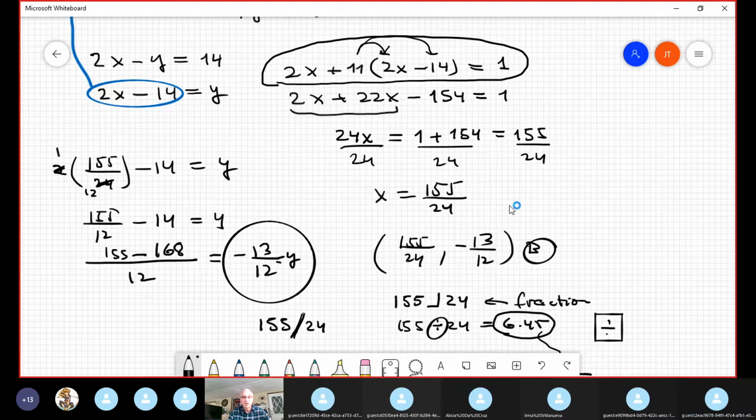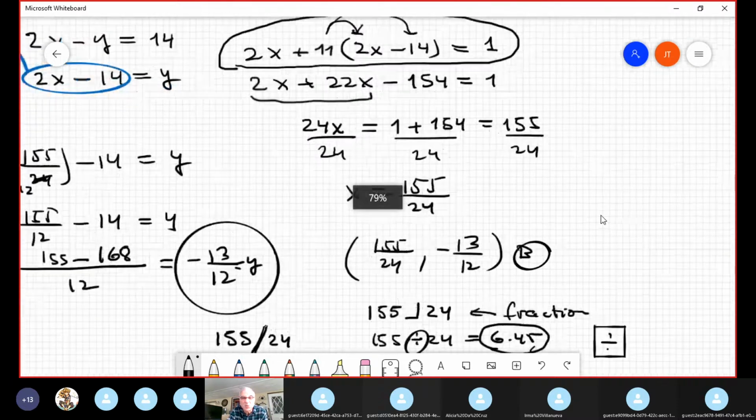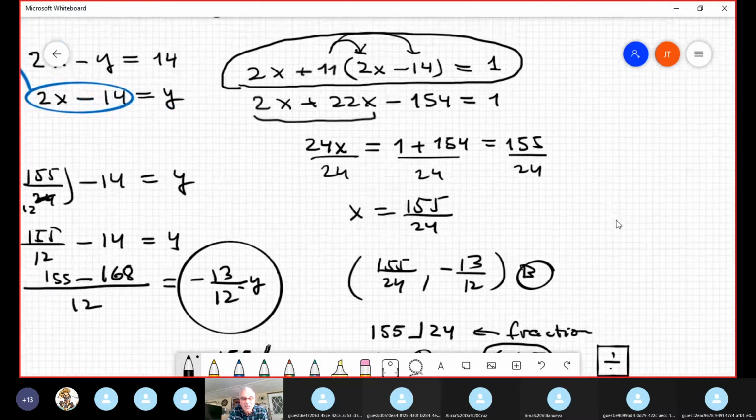The thing I did was apply the distributive property because I want to remove the parentheses. You multiply 11 times 2, 22. 11 times 14 is 154. So I remove the parentheses. Do you follow me so far? Yes.